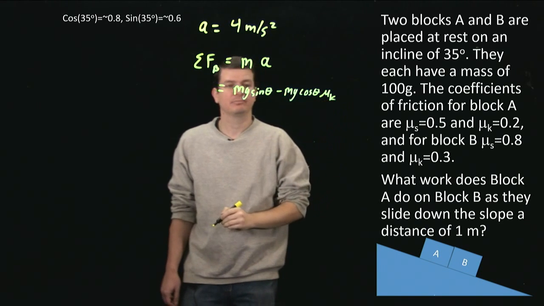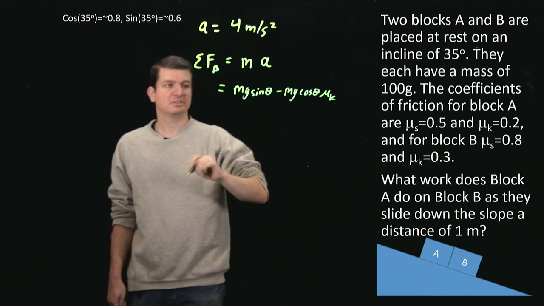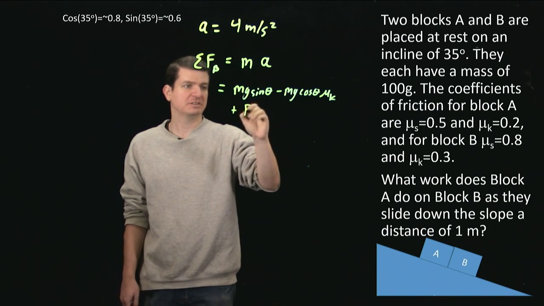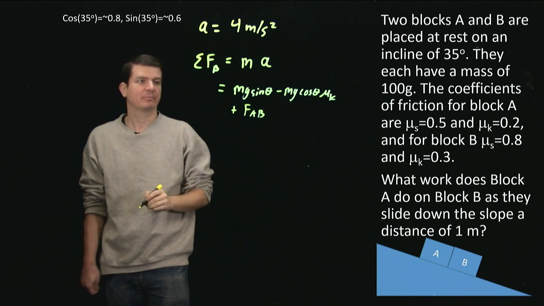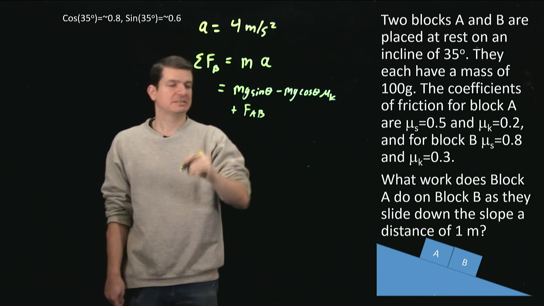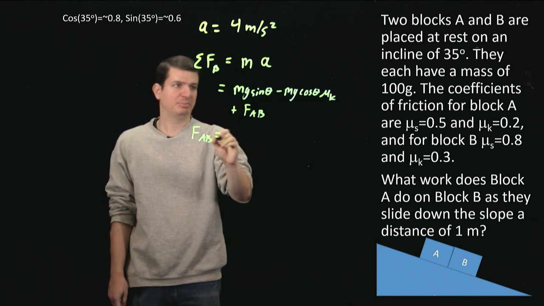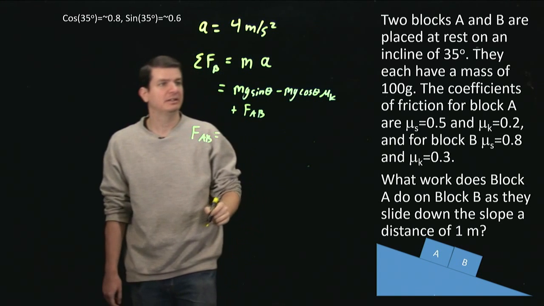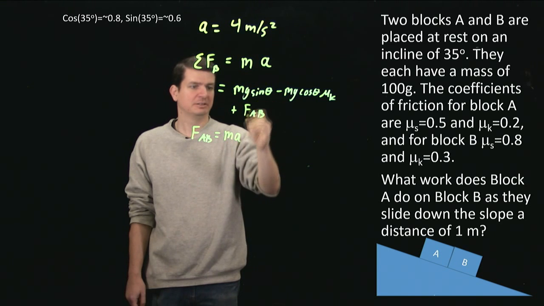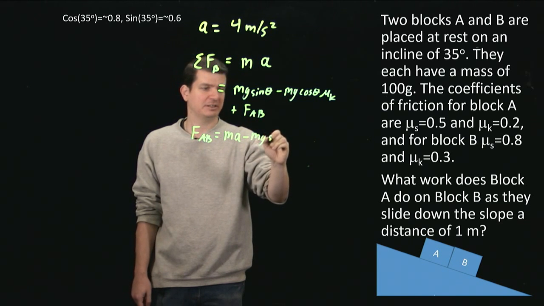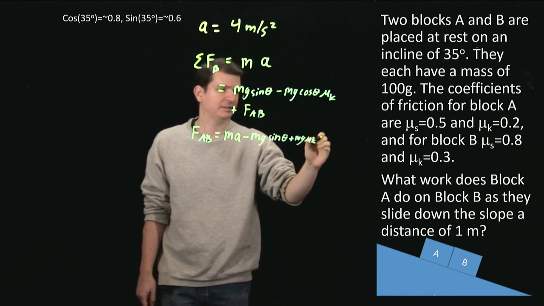And then there's also the force of A acting on B, directed down the slope. So if we look at this, since they're both equal, we can rewrite it. F of A on B is equal to, we'll have the m times a, subtract an mg sine theta, and add an mg mu k cos theta.